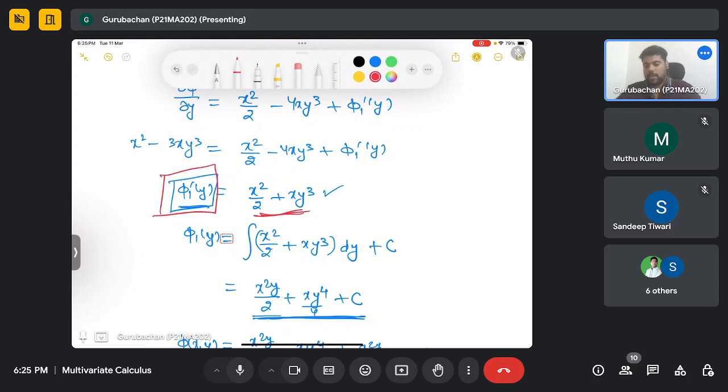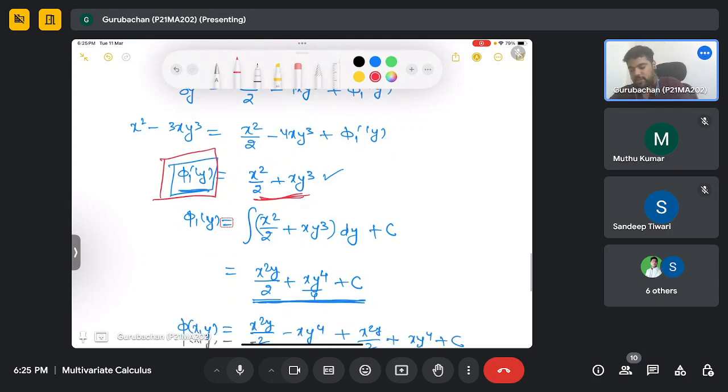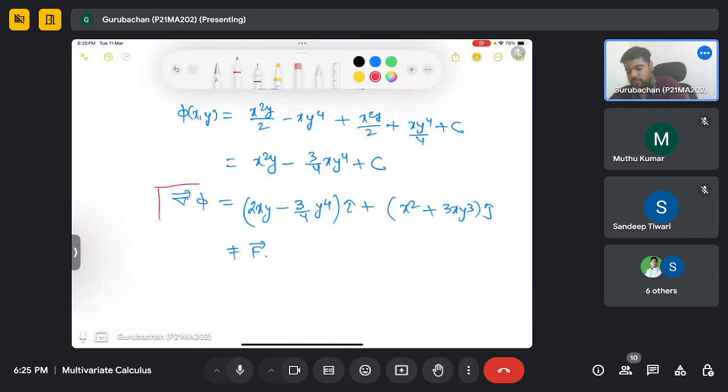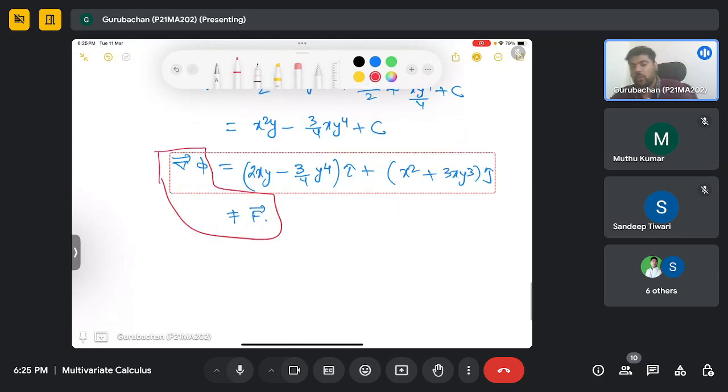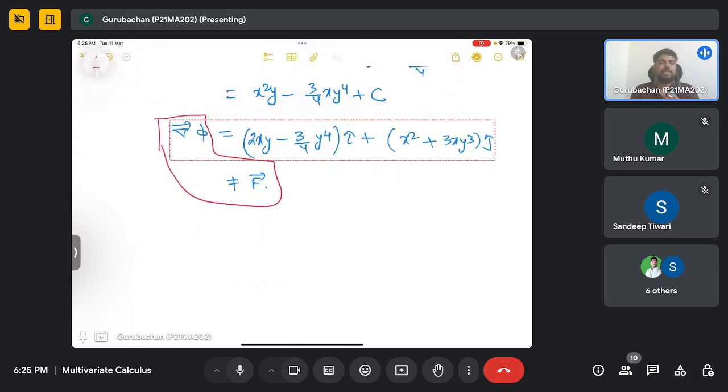Another thing is that we are not getting del phi equal to f. Now the last thing is how we can be assured that our potential function is going to exist or not, so that we can get rid of all these calculations. So that we can obviously guarantee that there exists a potential function corresponding to our vector field.